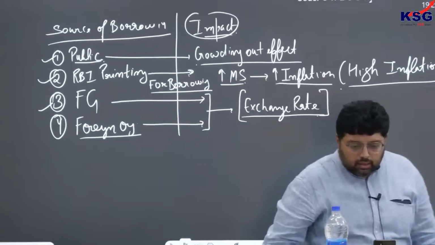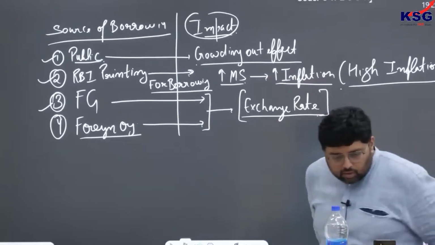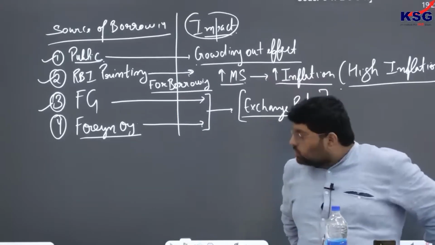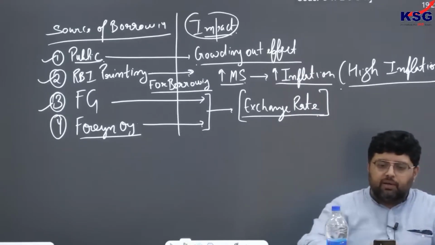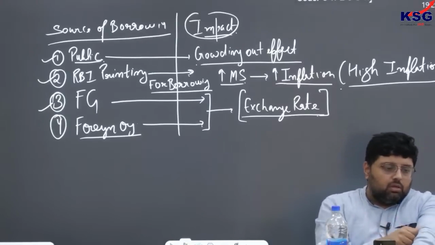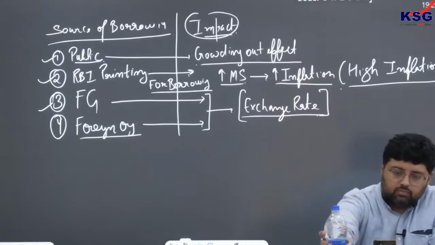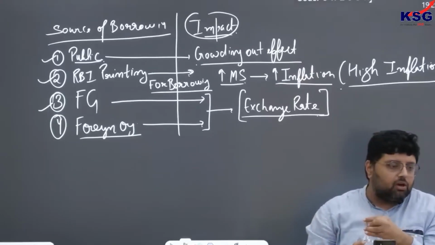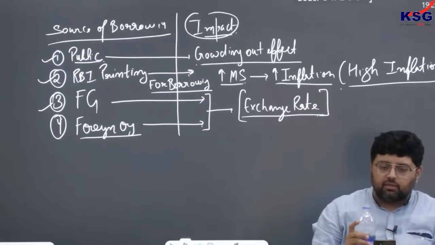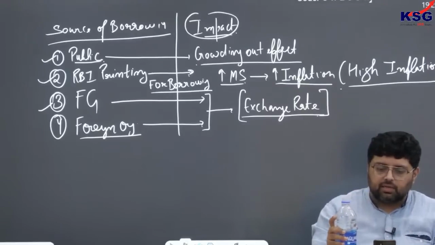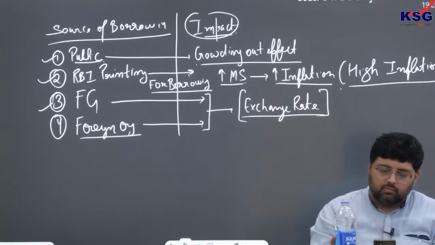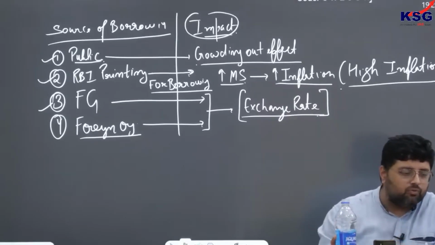Yes, hyperinflation, no doubt. High inflation here means we are talking about the situation of hyperinflation. Is it appreciation or depreciation? Mixed answers are coming. Those who are saying depreciation, can I know why?